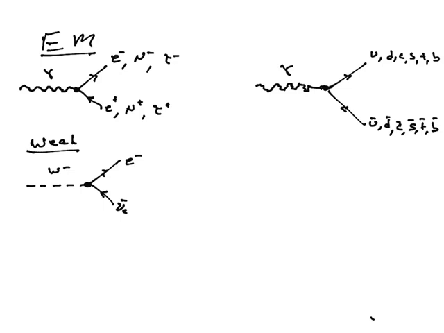Or a muon and a muon antineutrino. And of course the same for the tau. Okay? So that's one. And then we could also do it for the quarks. We could have a W coming in that decays and becomes, let's say, a down and an anti-up.